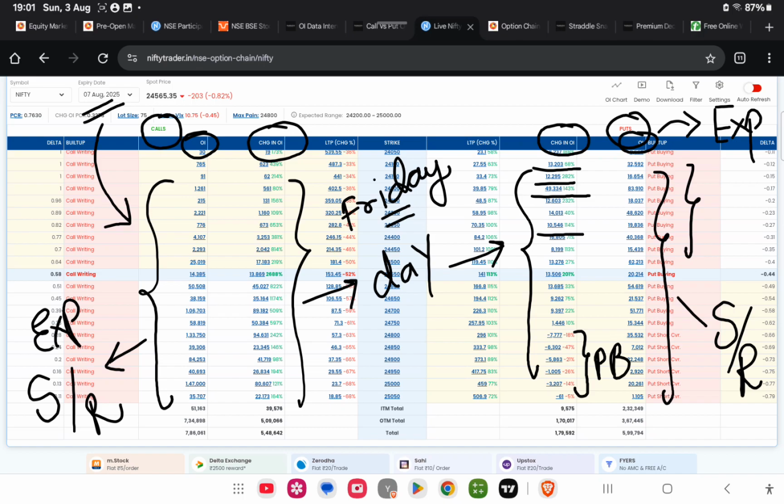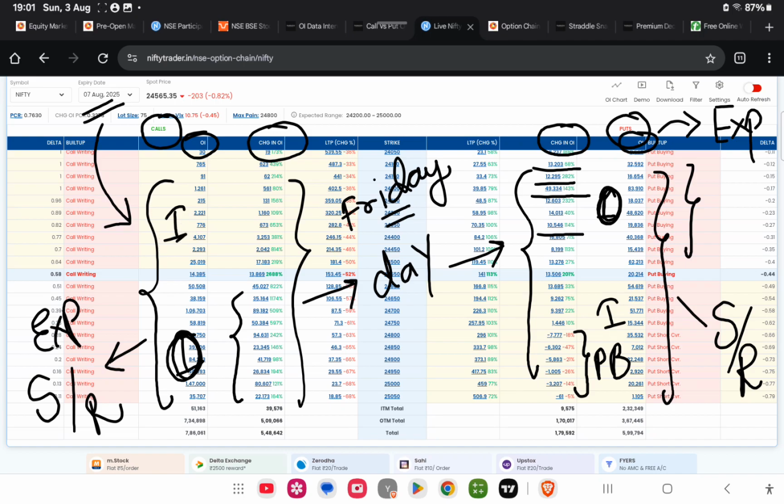So put buying has been added here, which is the ITM. Okay, and then here you check all the extras has been added in the ITM of the call side. Okay, so I am wrong, sorry, this is OTM they have added, and this is OTM for the call side, and this is the ITM.